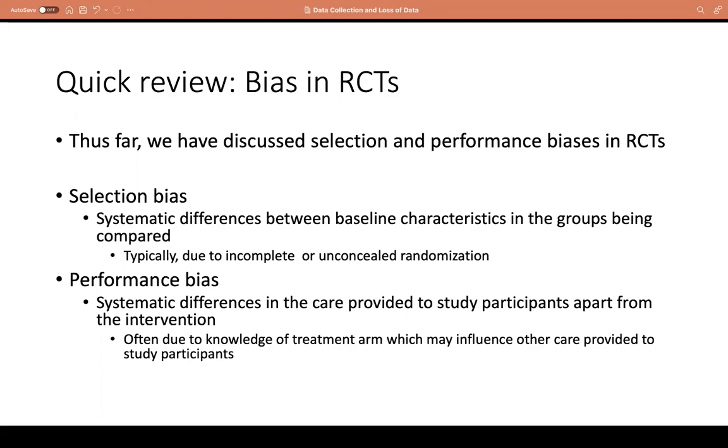This is often a result of knowing the treatment arm, so again, being unblinded to intervention status, and people in one arm may receive different care compared to people in the other arm. But this is not care specifically related to the intervention, but care outside of the intervention.